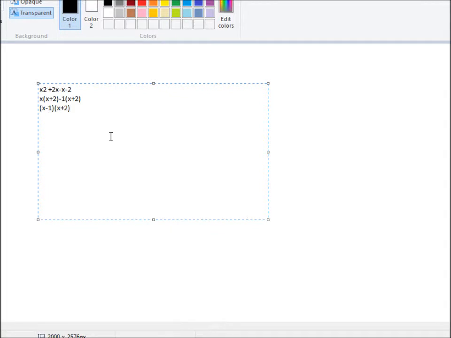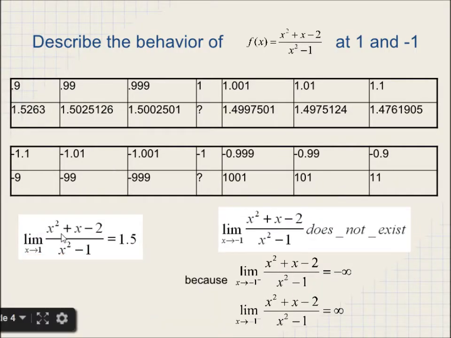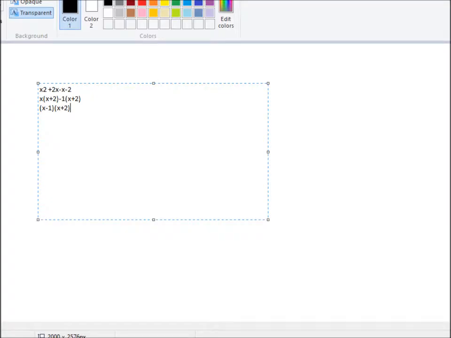Let's factor the numerator. The function is x² + x - 2. When we factor it, we get x² + 2x - x - 2, which is (x - 1)(x + 2).